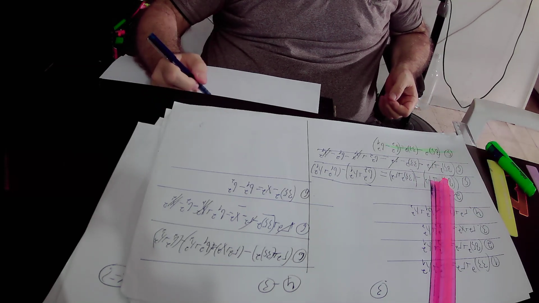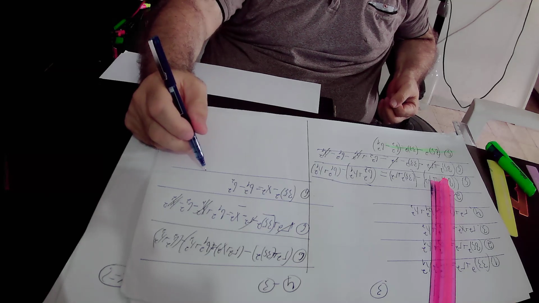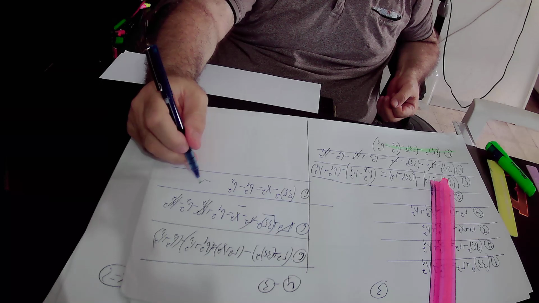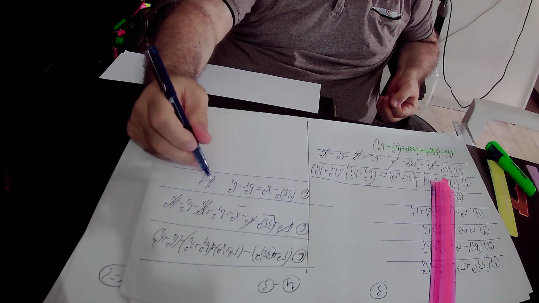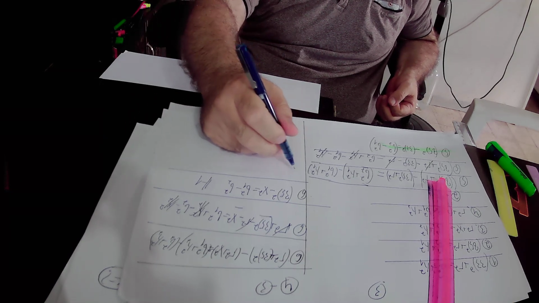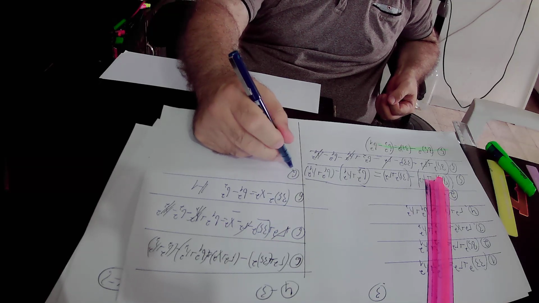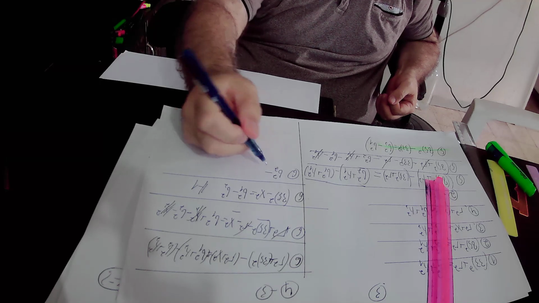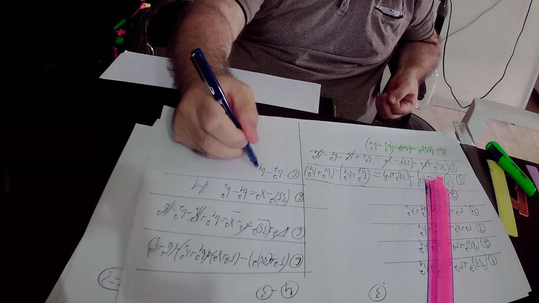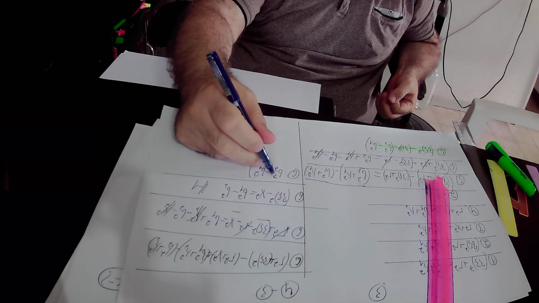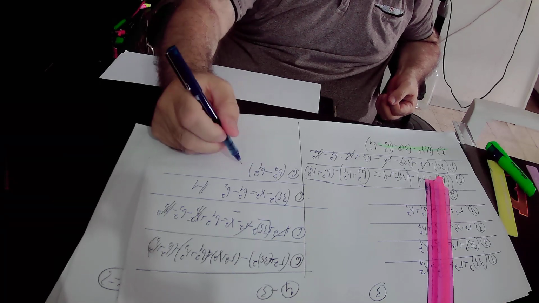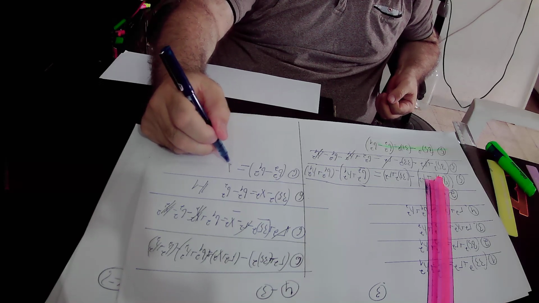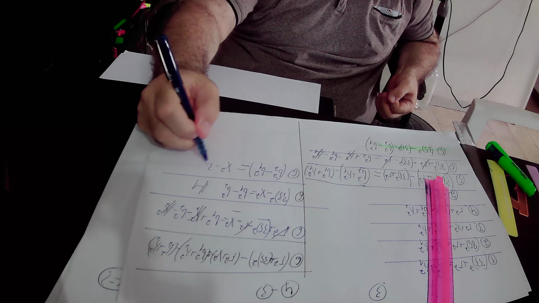So here we will multiply equation number 6 by minus 1, and we get that according to equation number 6, b2 squared minus b1 squared equals x squared minus 35 squared.